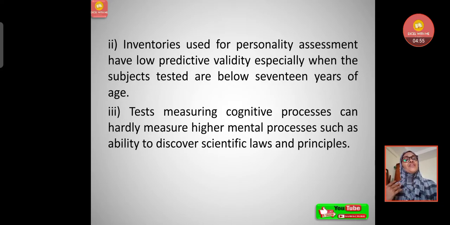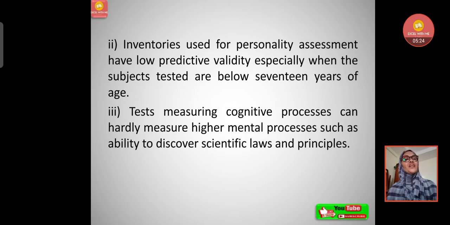Secondly, inventories used for personality assessment have low predictive validity, especially when the subjects tested are below 17 years of age, because children below 17 are not that matured. They are in confusion, that is in puberty age, or we can say adolescence age. So we cannot consider those values to be perfect.